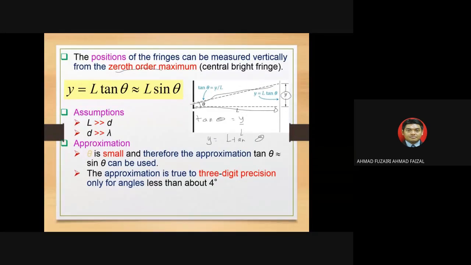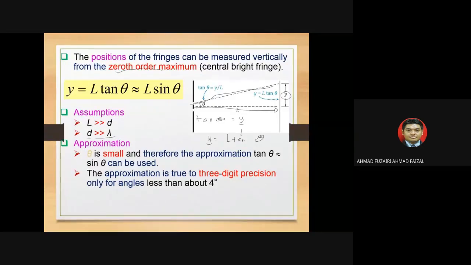With the assumption that L is much greater than d, and also that d is much greater than lambda, this assumption is valid because in practice L is often on the order of 1 meter, d is a fraction of a millimeter, and lambda is a fraction of a micrometer for visible light.